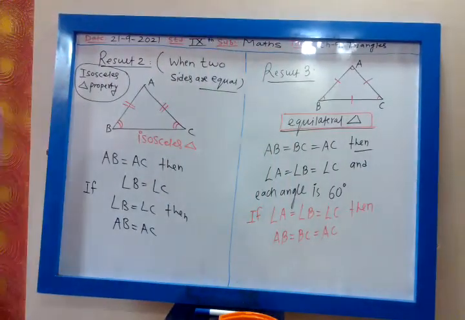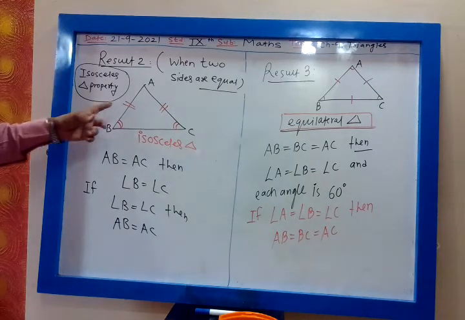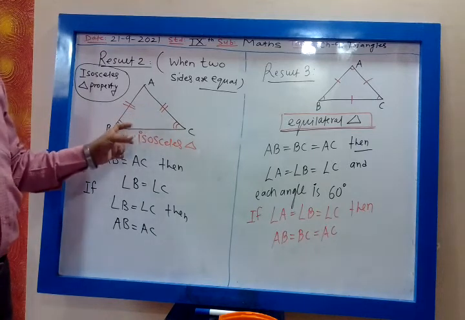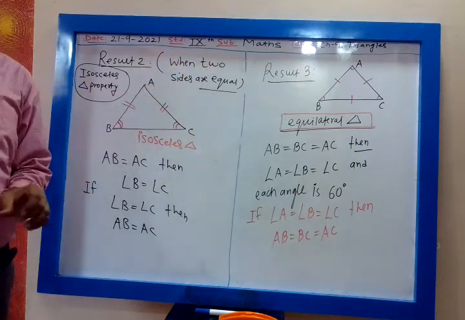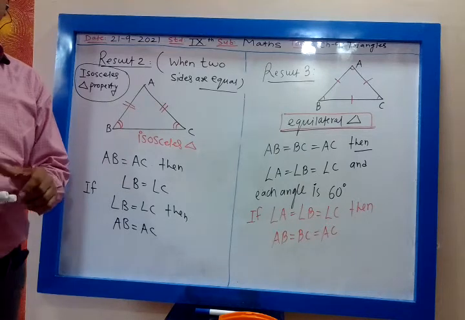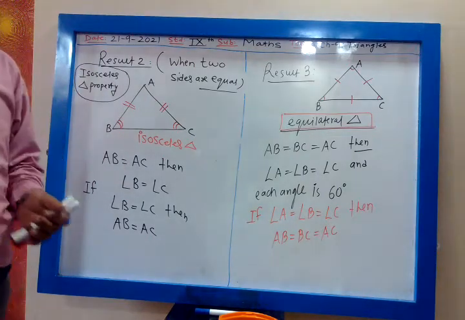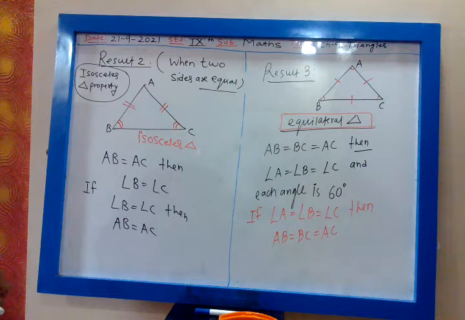Whenever two sides are given equal, you will apply the isosceles triangle property. In the isosceles triangle property, whichever two sides are equal, their opposite angles are equal. Whereas in an equilateral triangle, if all three sides are equal, all three angles are also equal, and each angle measures 60 degrees.